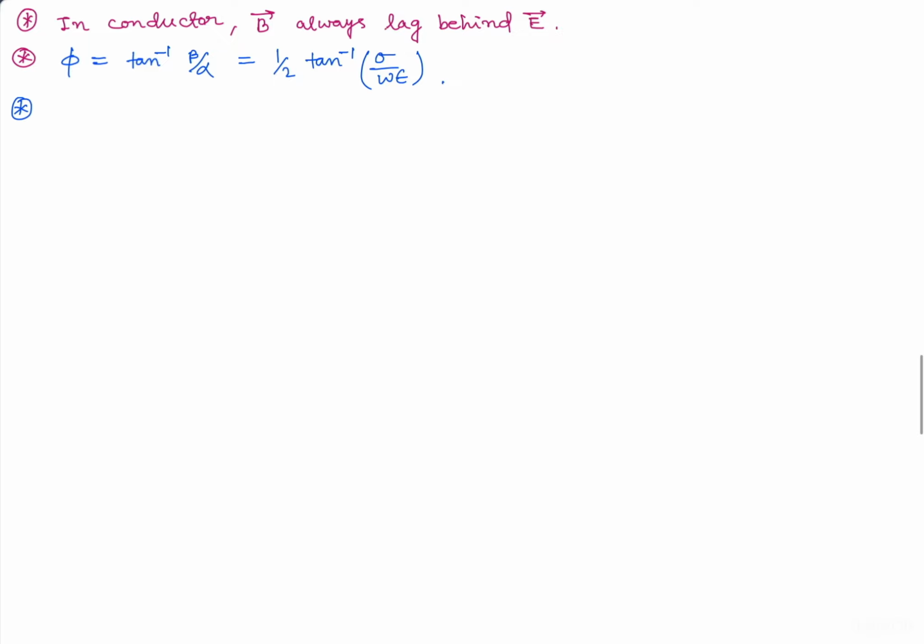And here also propagation vector K, electric field and magnetic field are always mutually perpendicular, and also the Poynting vector is parallel to the propagation vector.